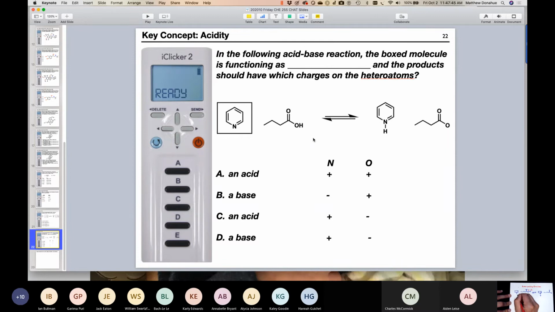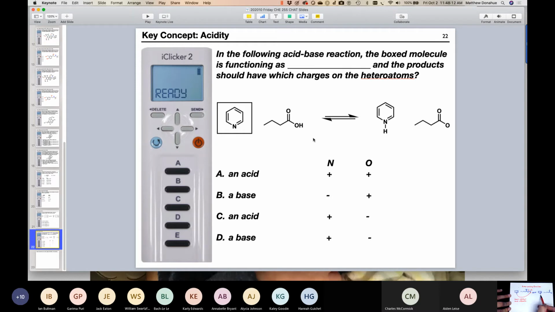This base, lone pair, is abstracting that hydrogen. Notice the way I drew that arrow moving. It starts at the lone pair and it points to the hydrogen. This is the quarterback throwing the football to the receiver.